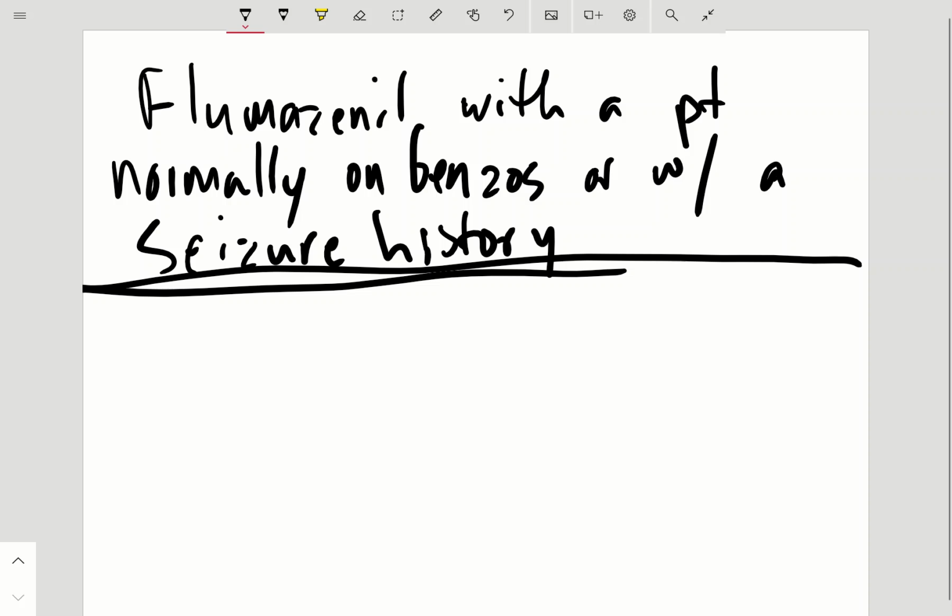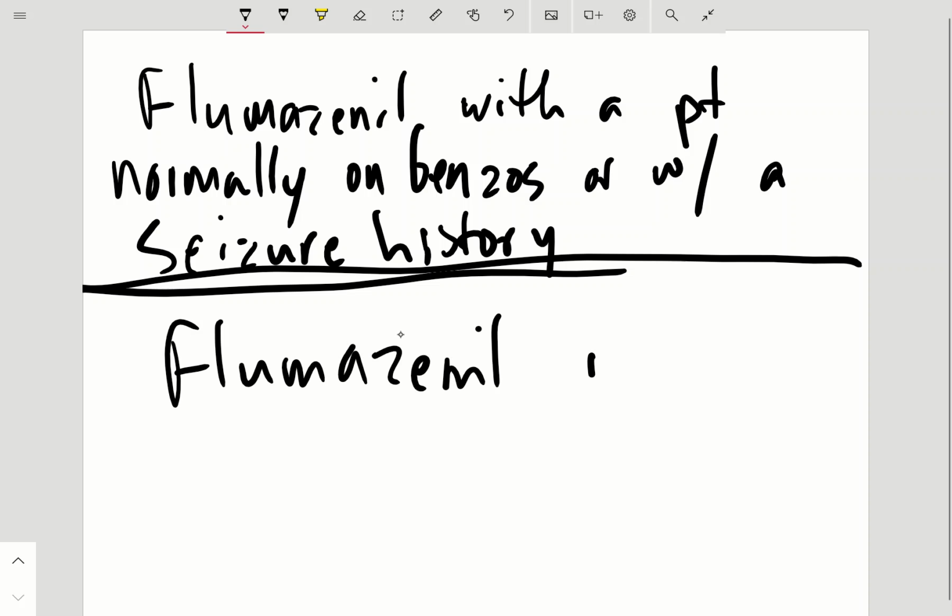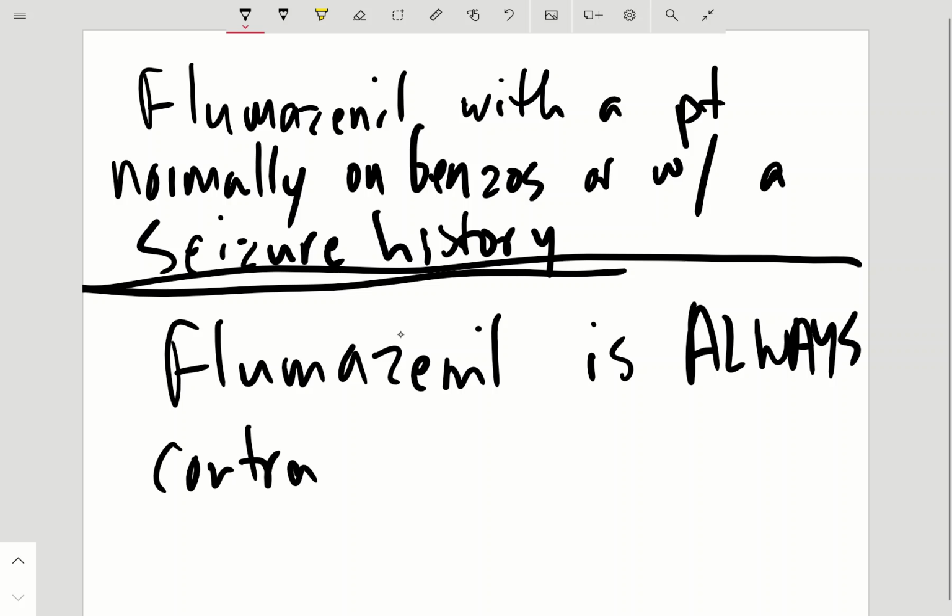So you get into this status epilepticus, and it's extremely dangerous. So flumazenil is always contraindicated in a patient with a seizure history.